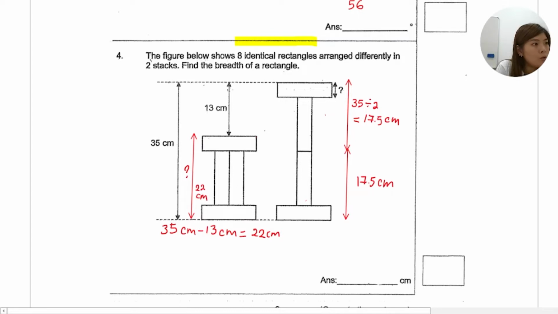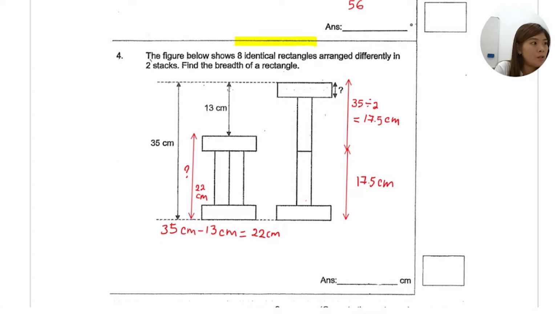Now you know this is 22 cm, so that means one length and two breadths is 22 cm. You also know that one length and one breadth is 17.5 cm. So the difference between the two is the one breadth.